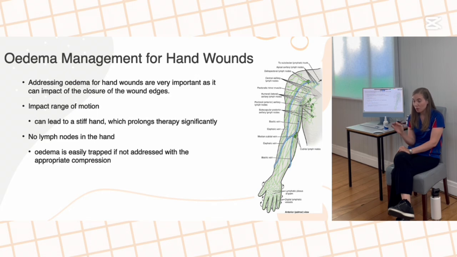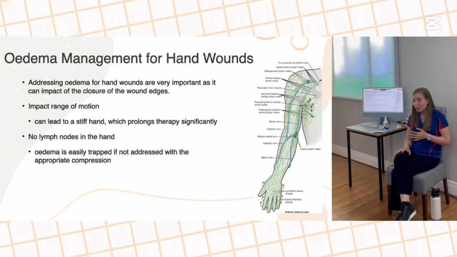That's what's really blocking it. So if we can get that to stay down, it's a lot easier for the rehab process. But it can also lead to a stiff hand as well.